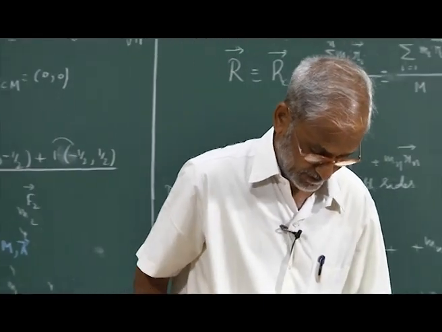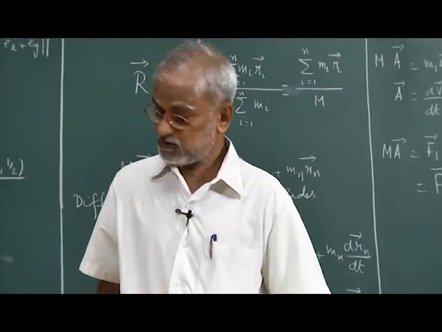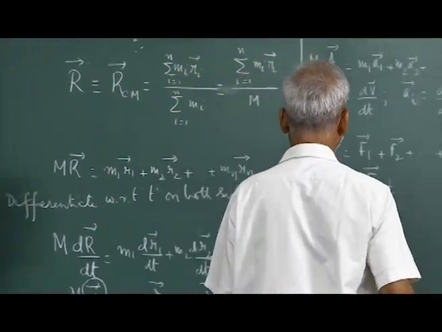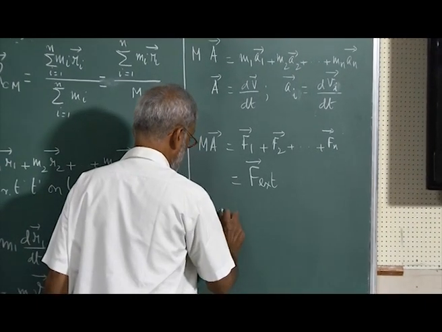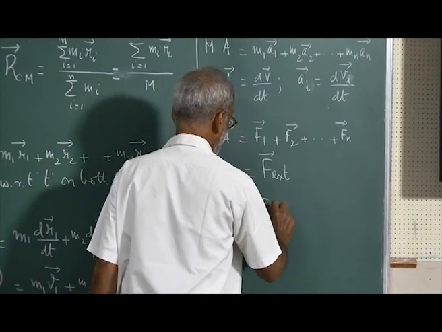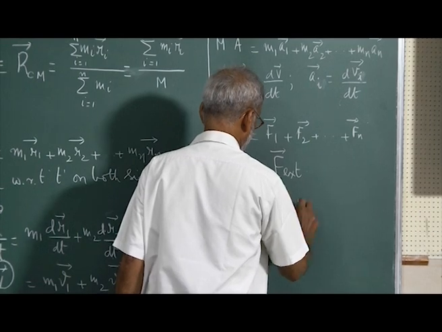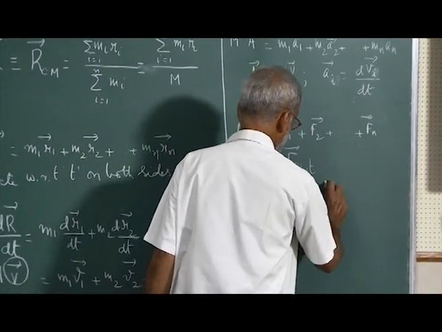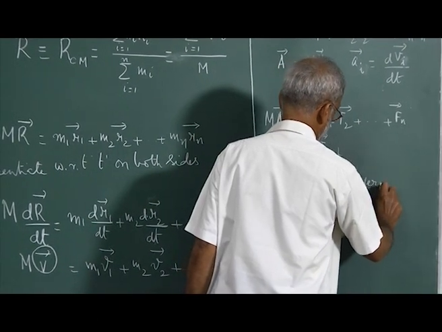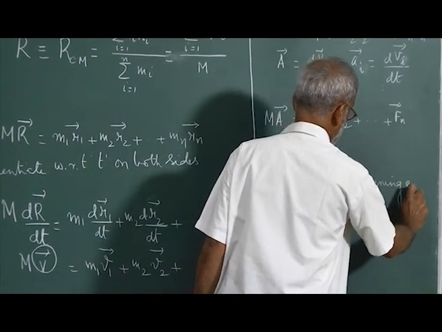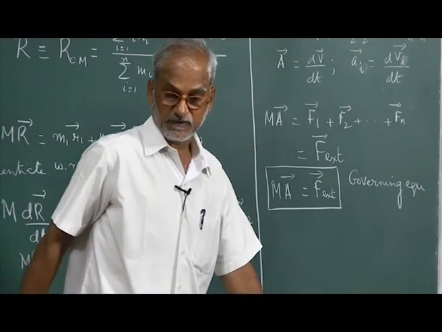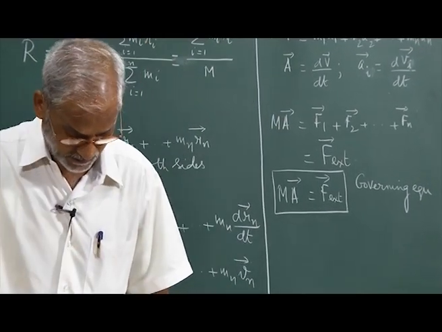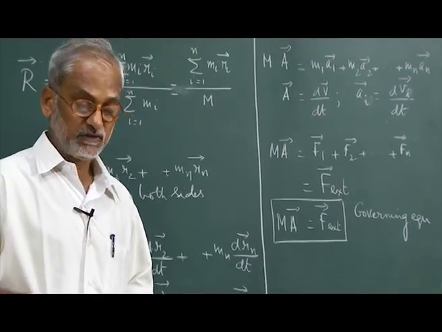Now this is the governing equation, rather M into A is equal to F external. We will explain in a moment what are the external forces. This is the governing equation for a system of particles.